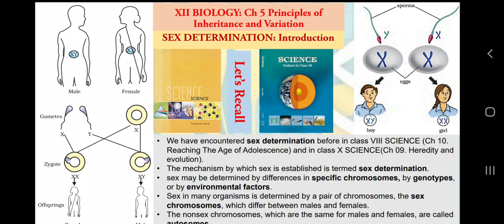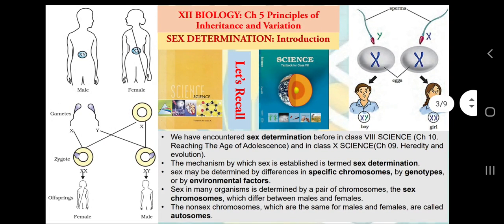So here is the opportunity for you all to recall those things, and if you have any doubts, those doubts are going to be cleared in this video. So what is the introduction? The mechanism by which sex is determined is called sex determination.